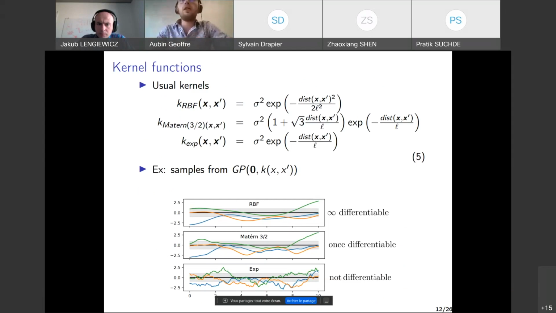But you can also find other kernels that are less smooth, such as Matern, that allows us to generalize a lot of kernels. For example, here is a Matern kernel that is once differentiable, and also an exponential kernel that is not differentiable. What is interesting to notice is that the modeling we will retrieve will depend a lot on the kernel we have chosen.